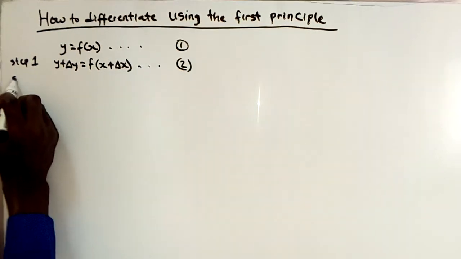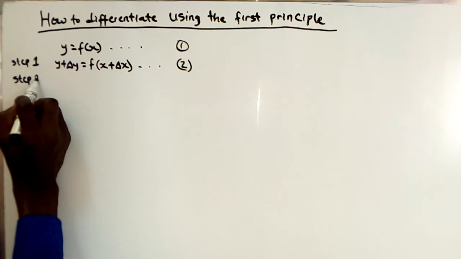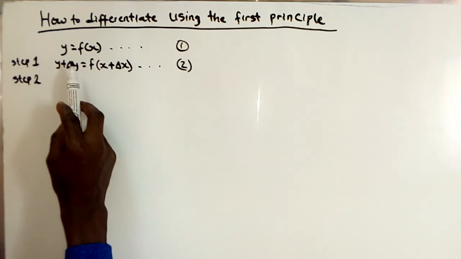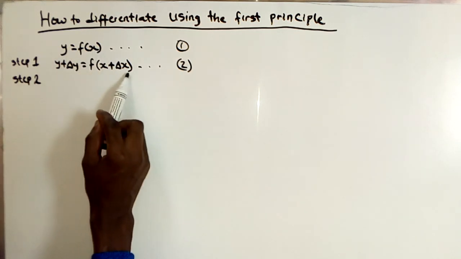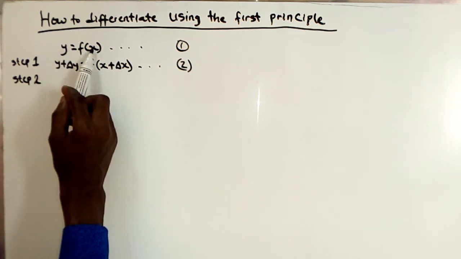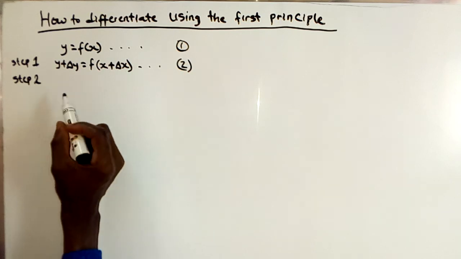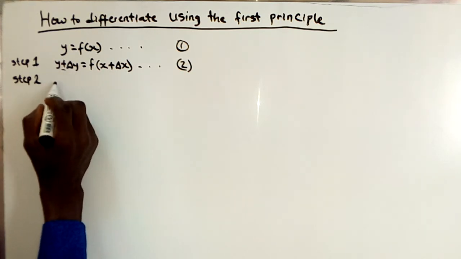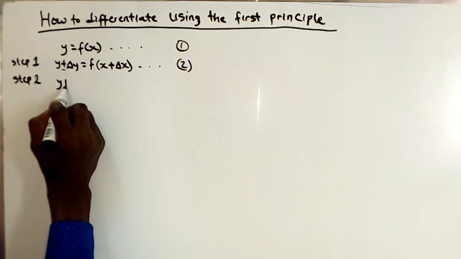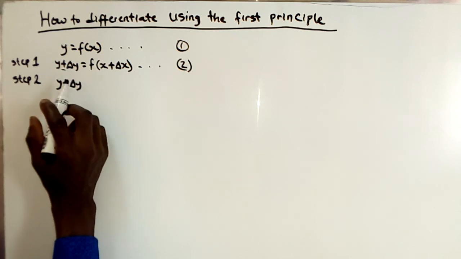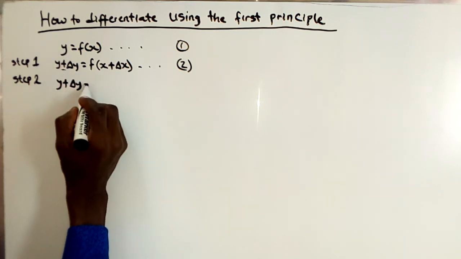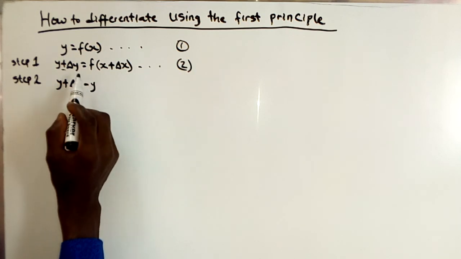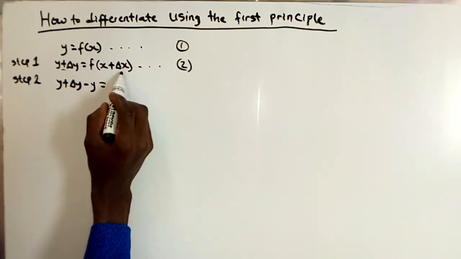Now the second step, step 2, is subtract equation 1, which is this one, from equation 2. So you are to subtract this from this. If we do that, here we have y plus changing y, then minus y, is equal to this minus this.